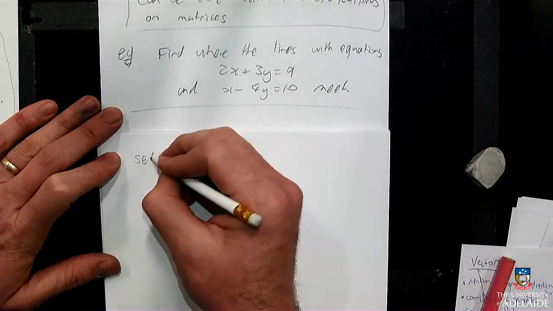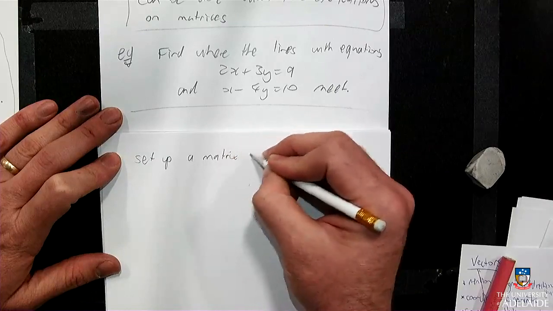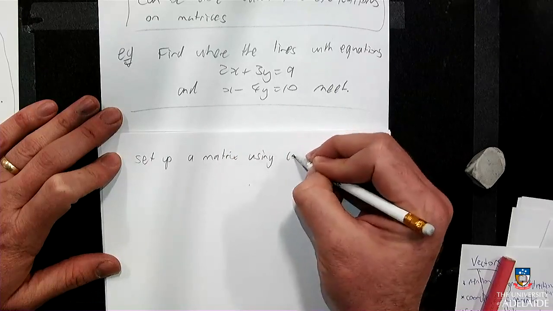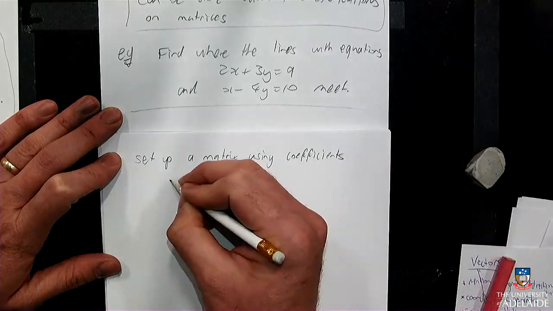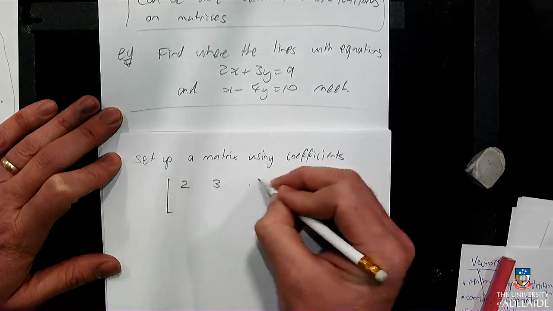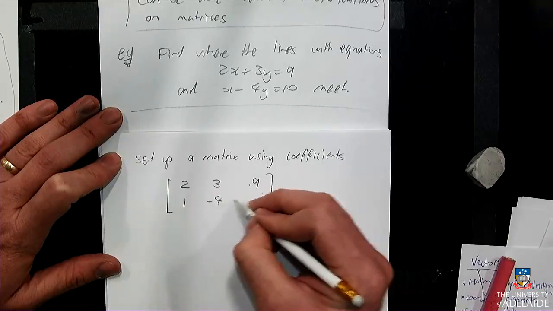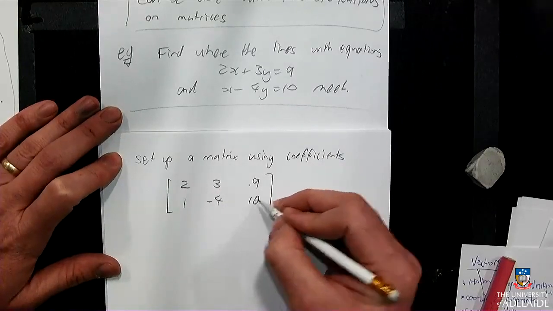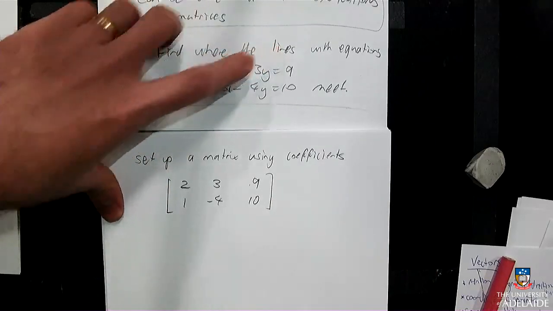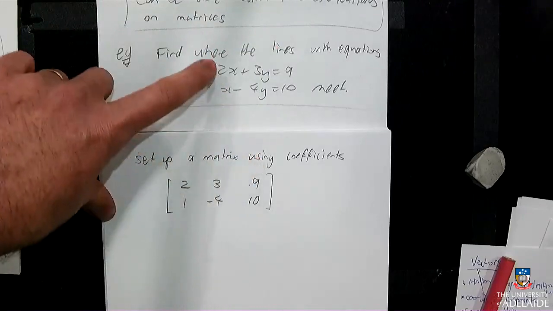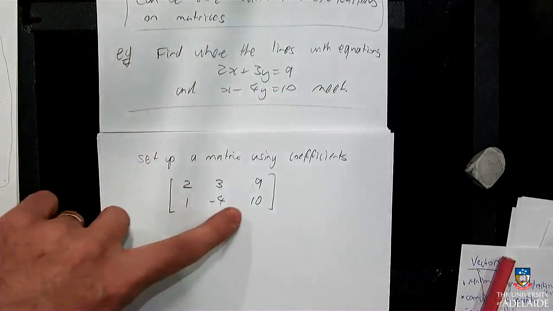So I'm going to set up a matrix using the coefficients. The first equation, we'll use those numbers, and the second equation, we'll use those numbers. So what we did is we stole the 2 and the 3 and the 9, and we put them in this row, and we stole the 1 and the minus 4 and the 10, and we put them in this row.